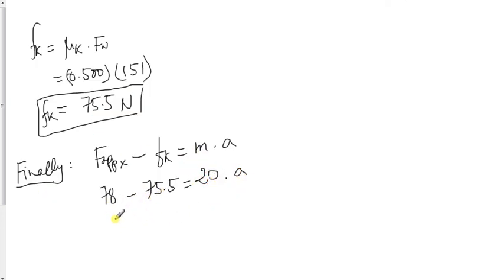This minus this is 3.5 equals 20 times a. To find a, we divide both sides by 20.